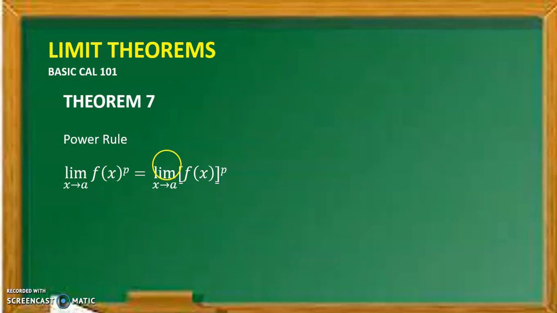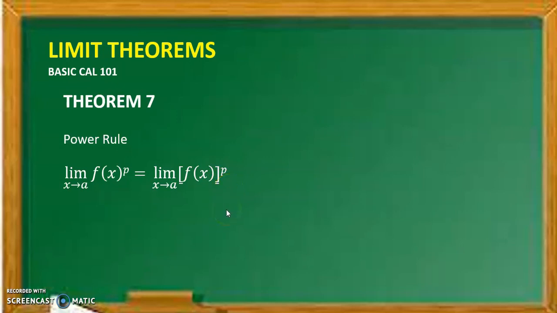Theorem number 7 or the power rule. What does it say? The limit of the function f of x raised to p when x approaches a, meaning that p is the exponent, would be equal to the limit of the function when x approaches a raised to p, or the exponent.